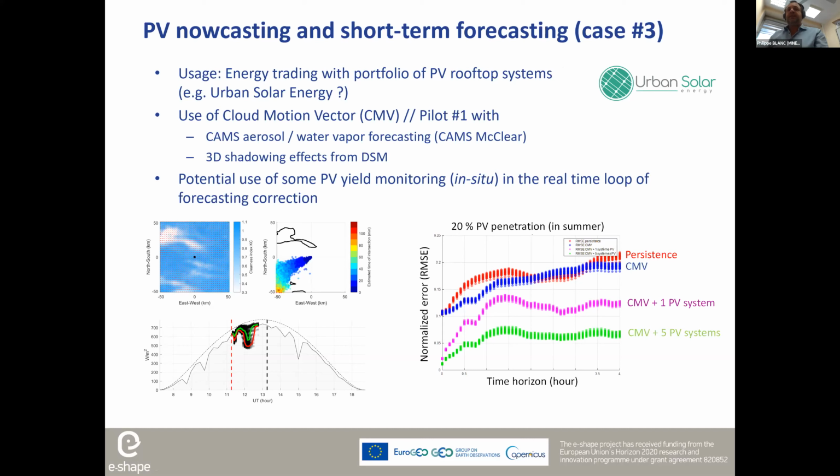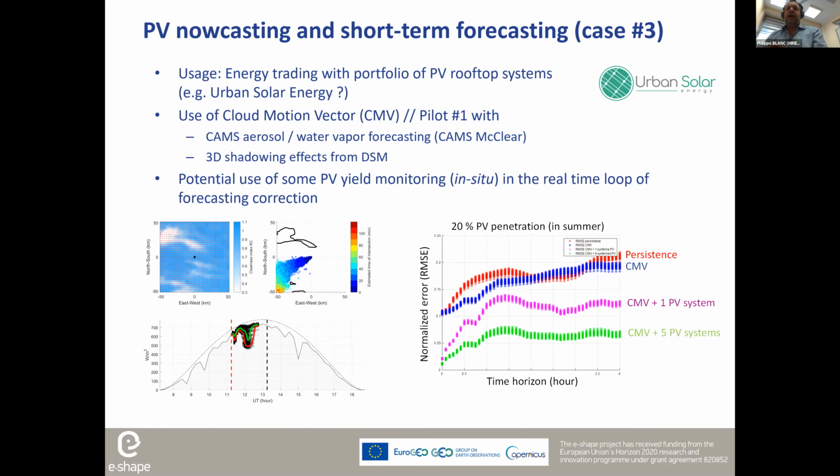So in that case, we are mixing solar forecasting as presented by Yves-Marie Saint-Drenan, using cloud motion vector, and of course, taking into account also the 3D shadowing effects from the digital surface model. So we are mixing two sorts of variability for the future, because both are very important.